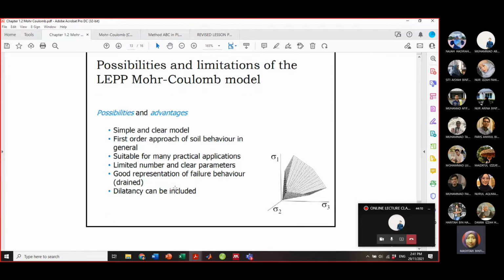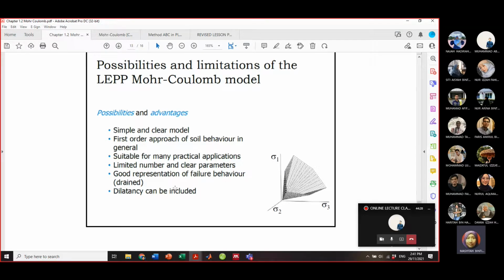Okay, what are the advantages? This is what I said when you are selecting any constitutive soil model, sama ada Mohr-Coulomb ke, Drucker-Prager ke, hyperbolic ke. So mana yang terbaik lah. Among the advantages of Mohr-Coulomb is a simple and clear model.